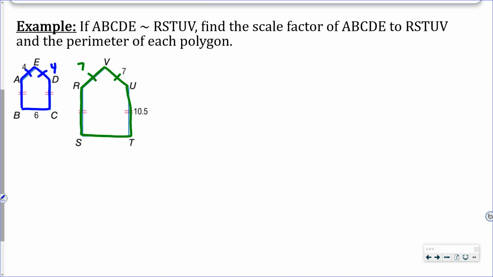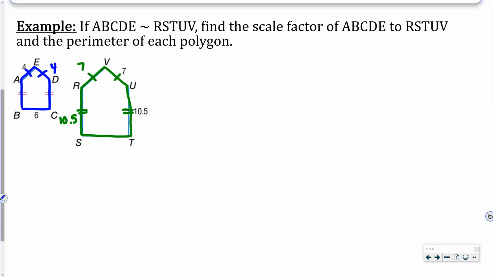What else do we know in our green one? If this is 10.5, this is also going to be 10.5. The only side length we're really missing in my green one is that bottom length ST. We could find that, and then we could easily calculate the perimeter of the green one. There are a lot of ways you can tackle this problem.